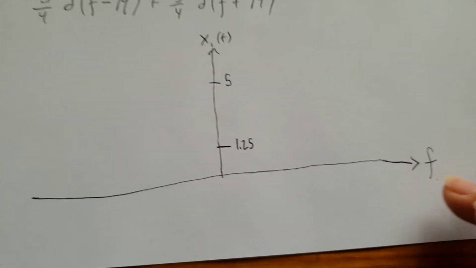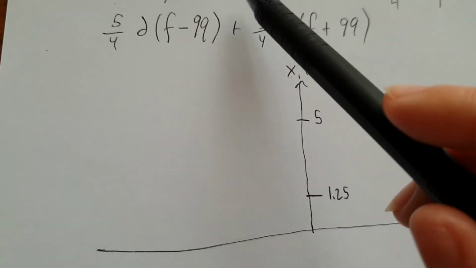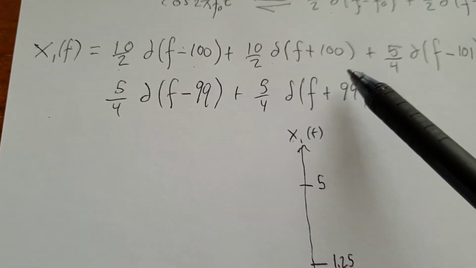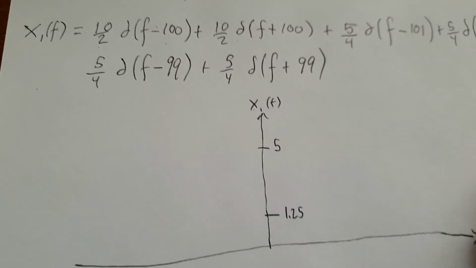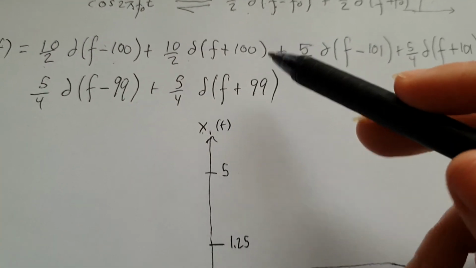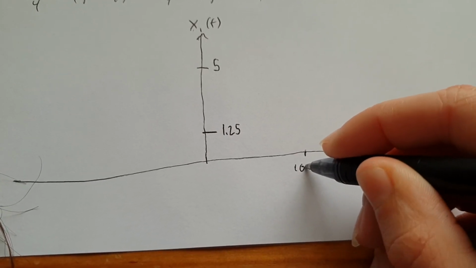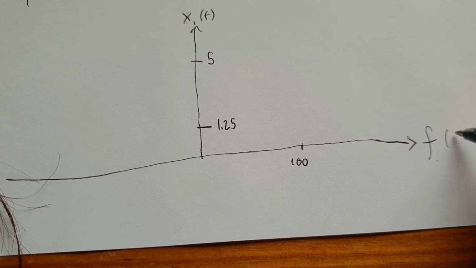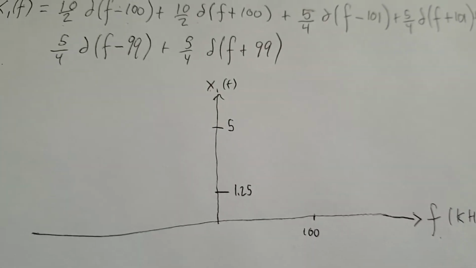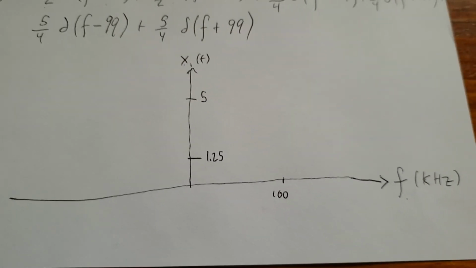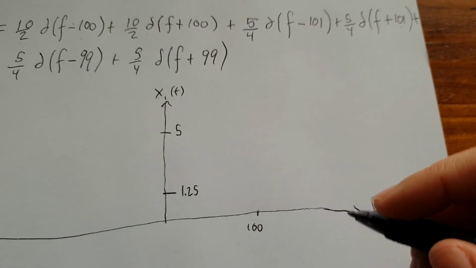And let's mark our x-axis. All these will be places on the x-axis. Let's start with the positives first. So we'll have positive 100 kilohertz. Let's just put that there so we don't get confused because we are talking in terms of kilohertz. Then we have positive 101 kilohertz.